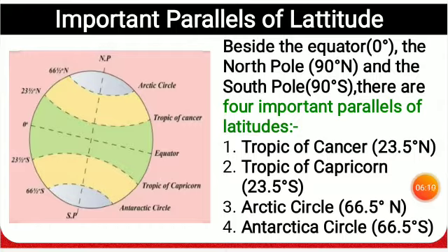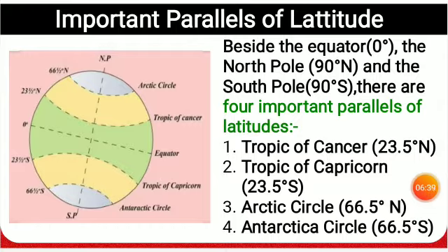The first one is the Tropic of Cancer, which is in the northern hemisphere and located at 23.5 degrees north. Then the second important parallel is the Tropic of Capricorn, at 23.5 degrees south, which is in the southern hemisphere.